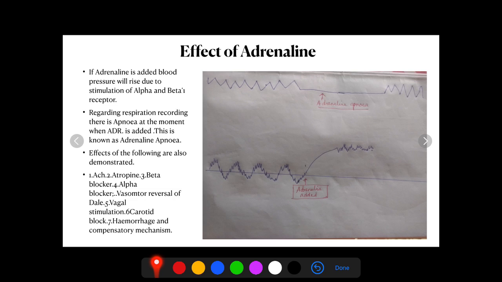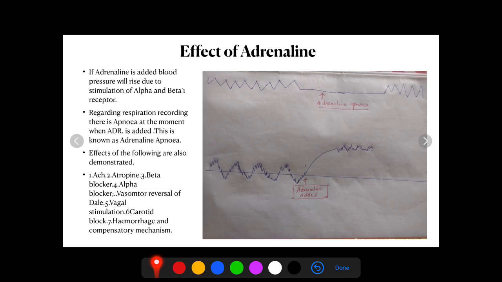We are blocking the carotid artery proximal to the carotid sinus. Now, the carotid sinus has mechanoreceptors, and from this carotid sinus, the nervous connection to the vasomotor center has an inhibitory effect on the vasomotor center.